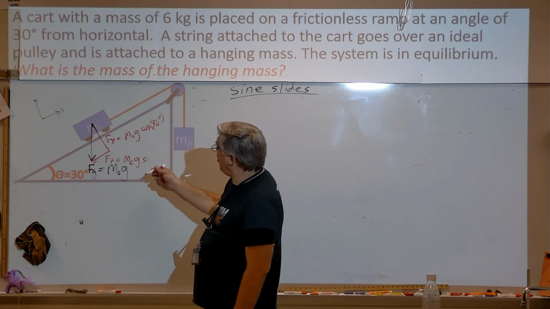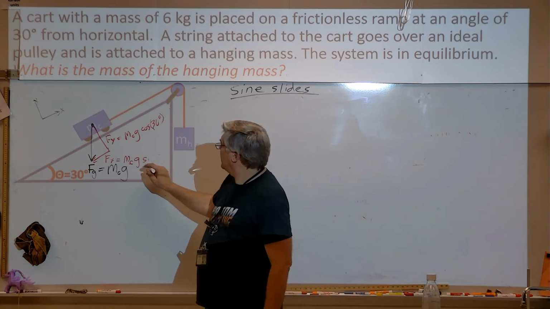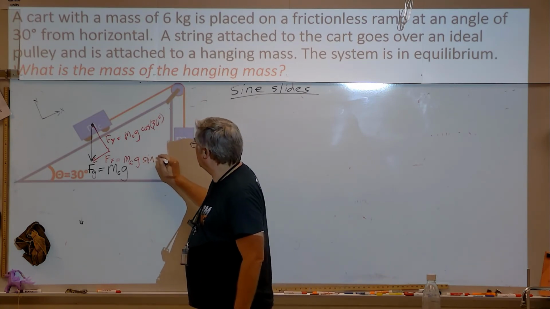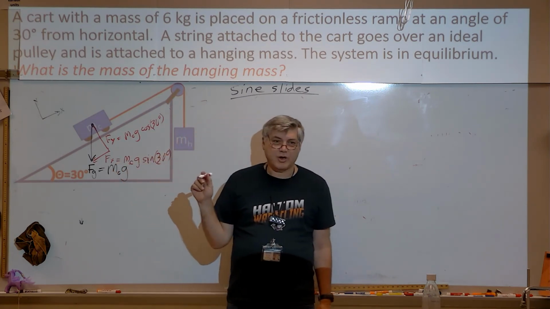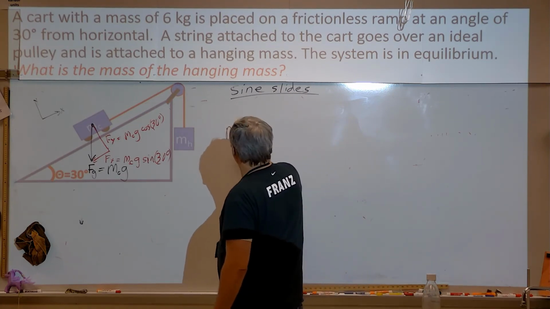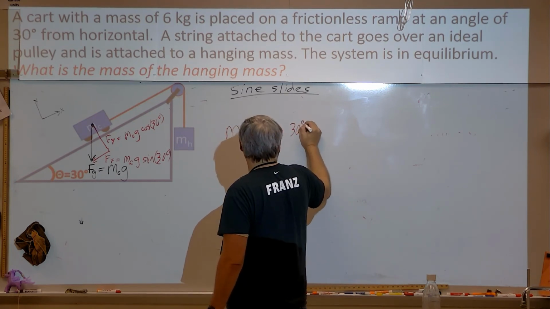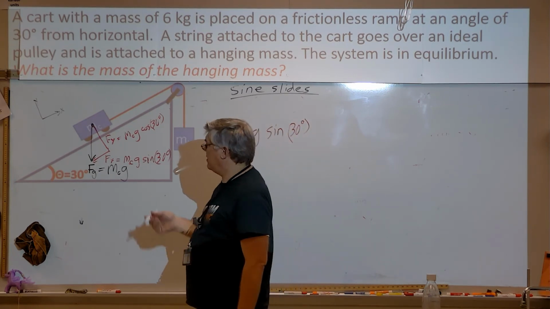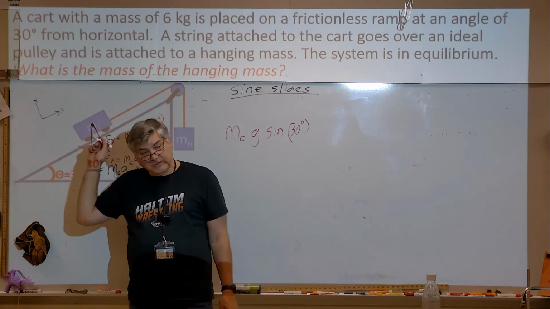We know that the force going this direction is equal to the mass of the cart times G times the sine of 30 degrees. And this is going in the negative x direction.